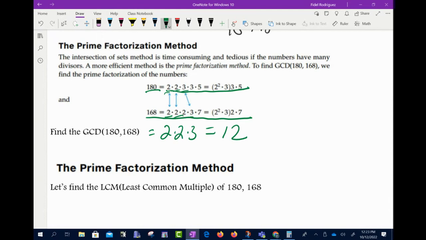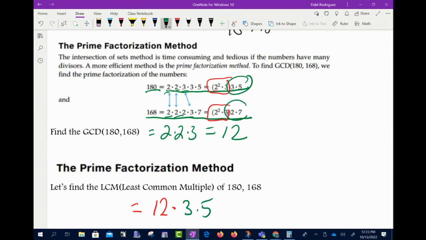Sorry about the noise, y'all. Okay. And if you notice, y'all, when they broke it down, they grouped it kind of neat. So they said, look, we got 2 2's and a 3 in common, right? Now, if we were going to find our least common multiple, then we'd take those numbers, which really was already 12. Now, I'm going to take the numbers that I still have left over.